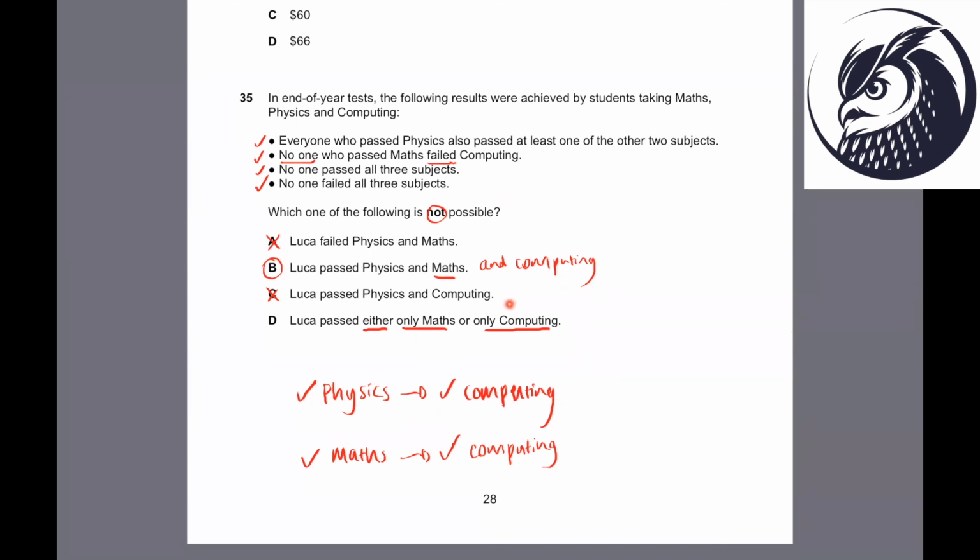There's no rule saying that you can't just only pass computing. Okay. So that is possible. Okay. And is it possible for Luca to pass only maths? Now, that's actually not possible because we know that if they pass maths, they had to have passed computing. So it's not possible for Luca to pass only maths.